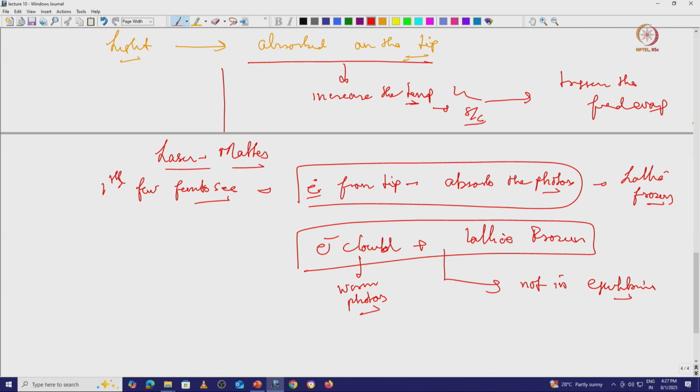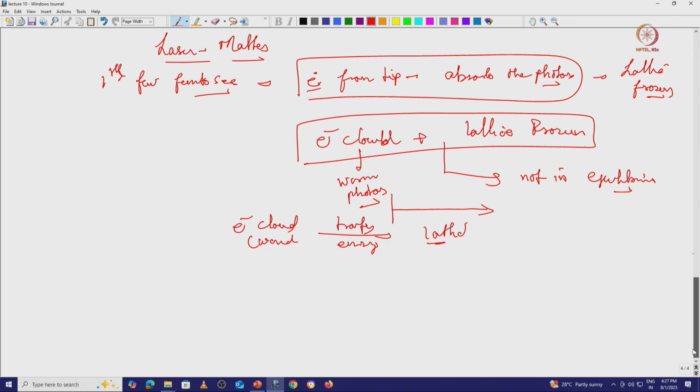Not being in equilibrium means the heat from the electron cloud has to dissipate towards the frozen lattice. The warm electron cloud transfers heat energy to the lattice, and this transfer of energy towards the lattice will have some characteristic time.